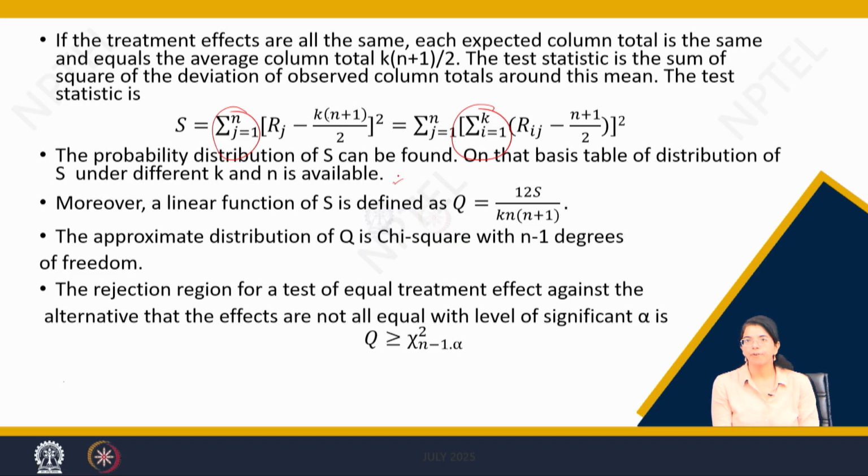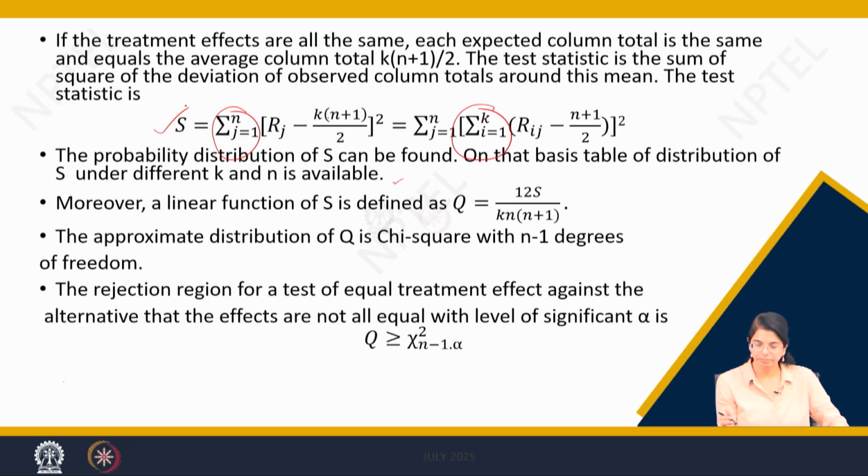Moreover, a linear function of S is defined as Q. And what is Q? Q is equal to 12S divided by kn into n plus 1. So what does Q actually do? Q is another modified version of the Friedman statistic. Initially, Friedman proposed this S, and later on he proposed Q just to give a known distribution.